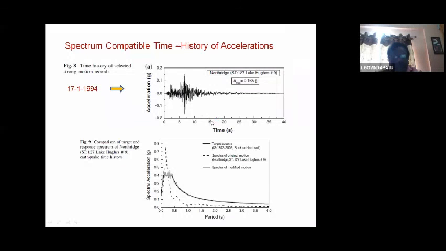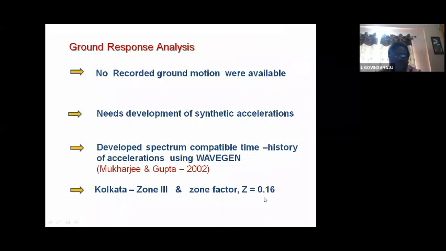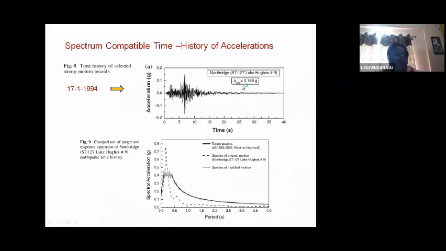For Kolkata the zone factor is 0.16, around 1.6 meter per second square, and we have chosen a seed accelerogram very close to the target.